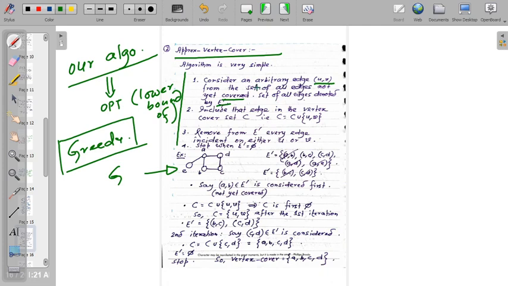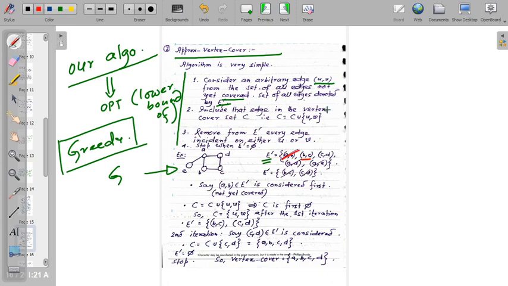So E prime has the edges AB, BC, CD, AD, AE. These are the set of edges, and now I will consider any arbitrary edge. Say, for example, AB I am considering.